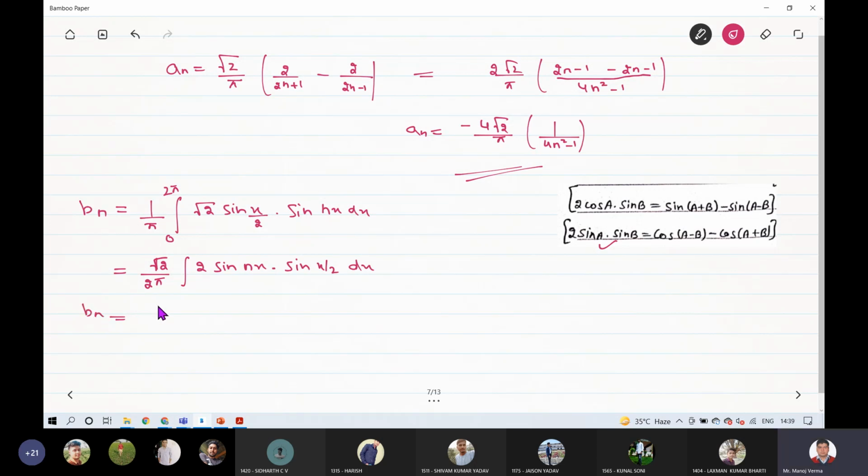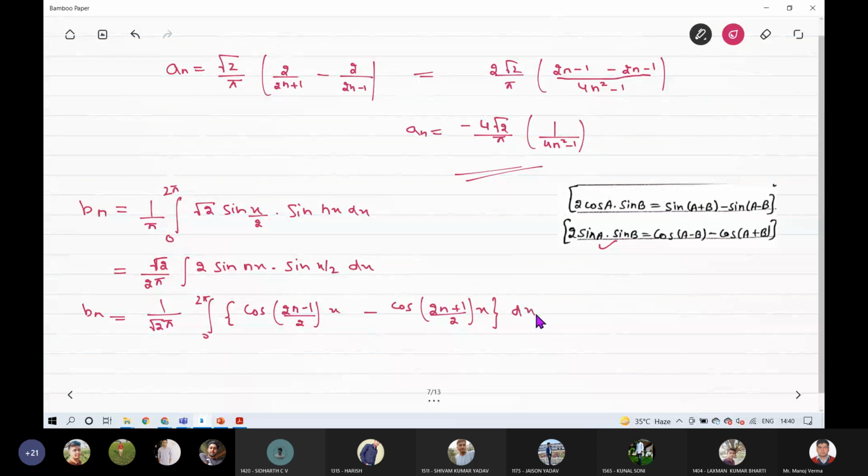the bn will become 1 over root 2 pi integral cos (2n minus 1) by 2 x minus cos (2n plus 1) by 2 x. Okay.